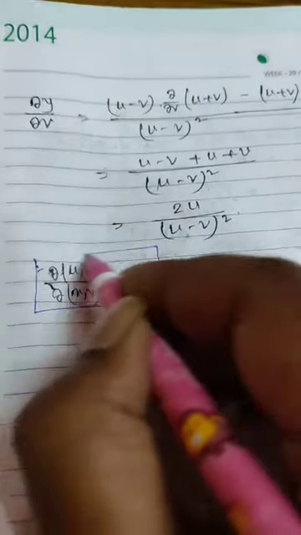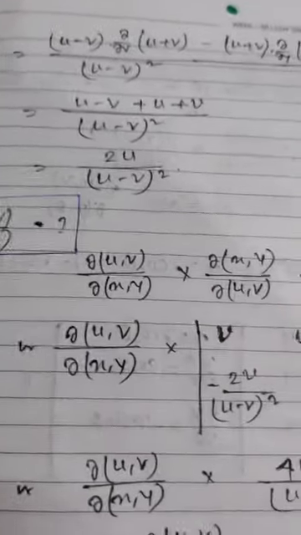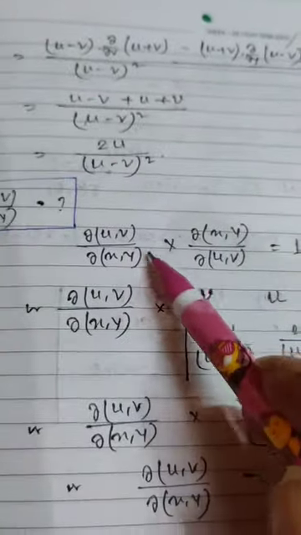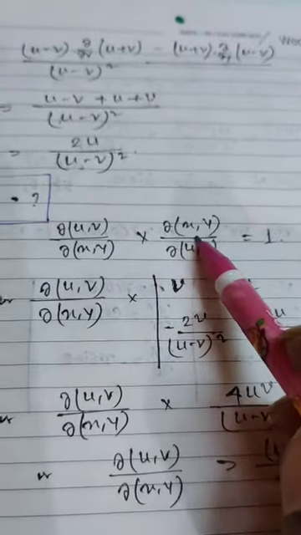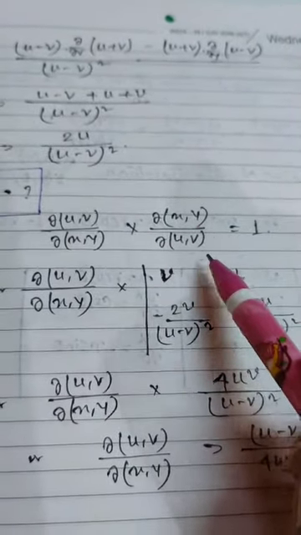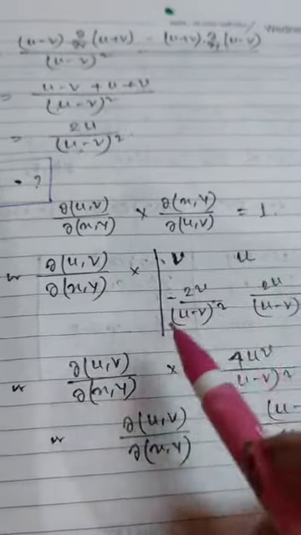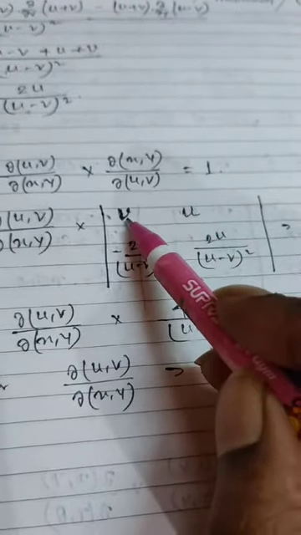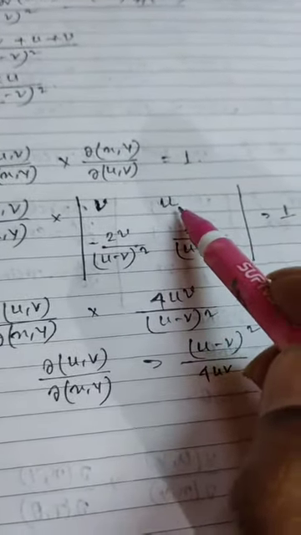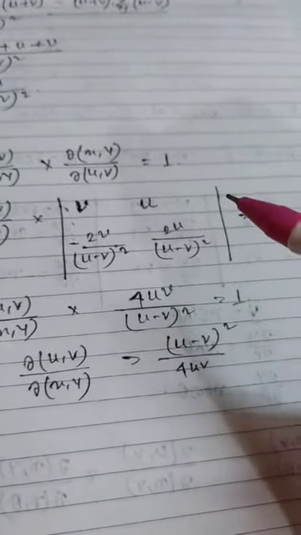So now the question is that we have to find del(u,v)/del(x,y). We can find it by using this property, that del(u,v)/del(x,y) into del(x,y)/del(u,v) is equal to 1. Already we found the components of del(x,y)/del(u,v), so now we put in the values: del x del u is v, del y del u, del x del v is u, and del y del v.